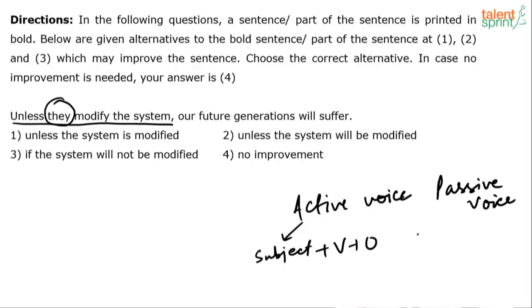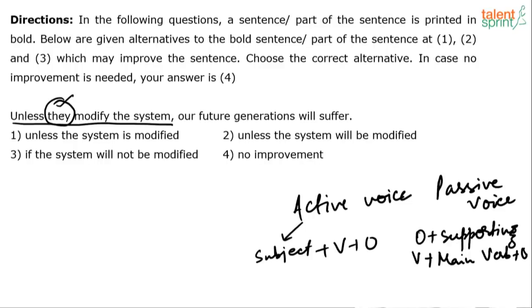And in passive voice, it becomes object plus supporting verb plus main verb plus subject. Okay, so here we are going to use passive voice because we are not clear who they are when we talk about the system being modified.